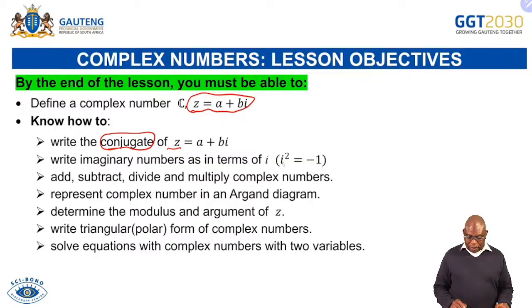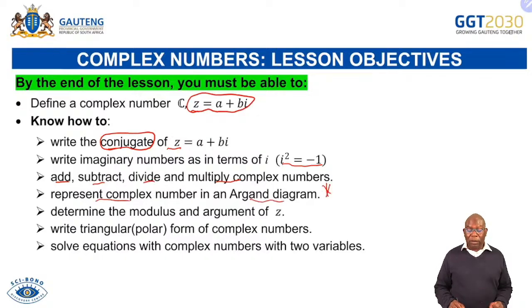Write down the imaginary numbers in this form. We must know that i squared equals -1. Where I see i squared, I replace it by -1. We must be able to add, subtract, divide, and multiply complex numbers. We'll see one that I have in the next slides, where we divide, and let's see what to do when we divide. We must be able to represent this in an Argand diagram.